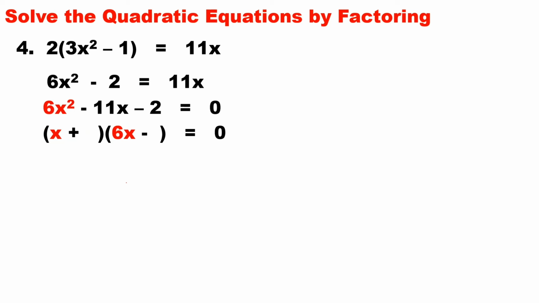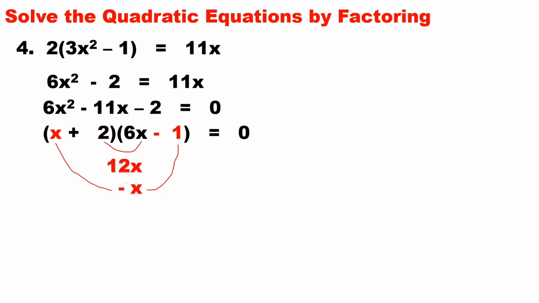This time, we will try the other factors of 6x squared, which are x times 6x, using the same factors of 2, which are 2 times 1. 2 times 6x is 12x. X times negative 1 is negative x. 12x minus x is 11x.